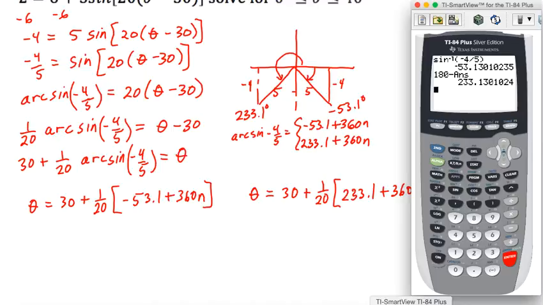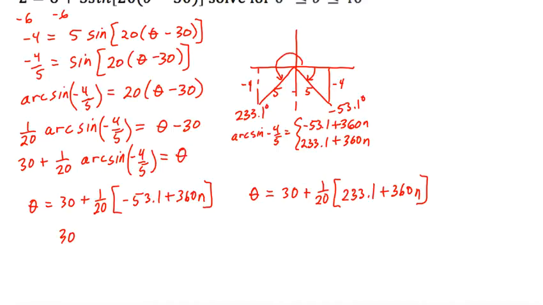So we're going to do negative 53.1 divided by 20 is negative 2.655. 30 minus 2.655, that's in there like that, distributed, and then make sure you distribute that.